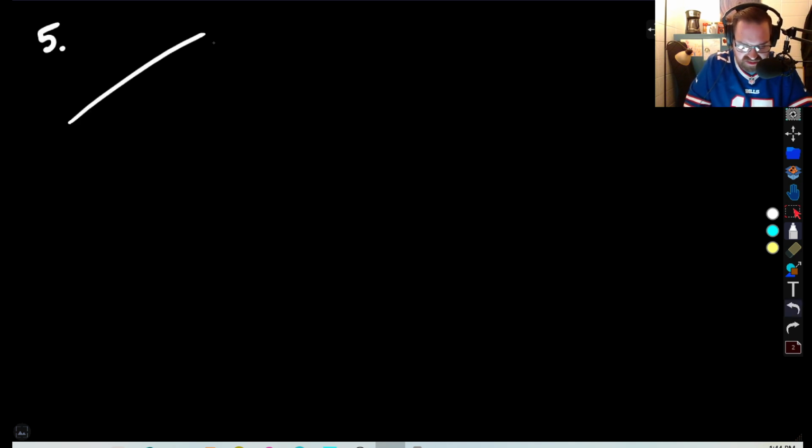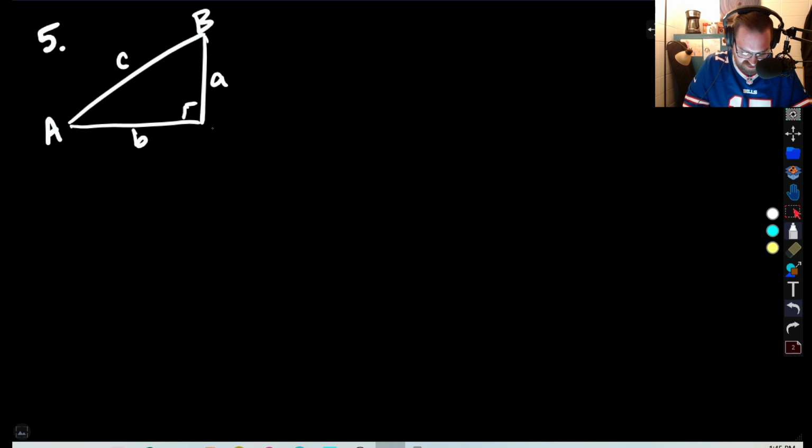Again, a lot of these are similar type problems to what we had before. This one's going to be a little different because I'm given two lengths on this problem instead of an angle. So here's my A, here's my B, here's my C. In this case, I don't have A. My B is given to me as 72.0 miles.